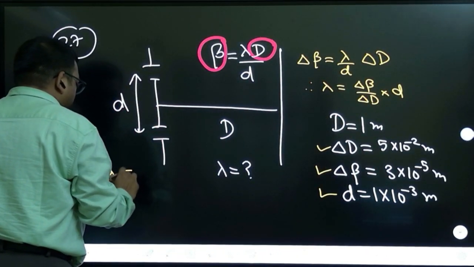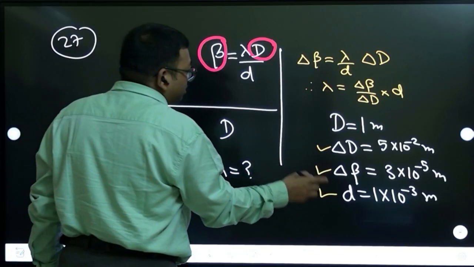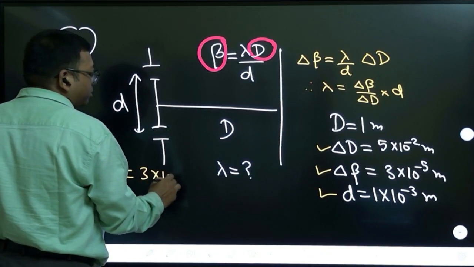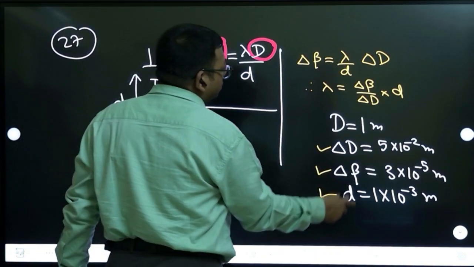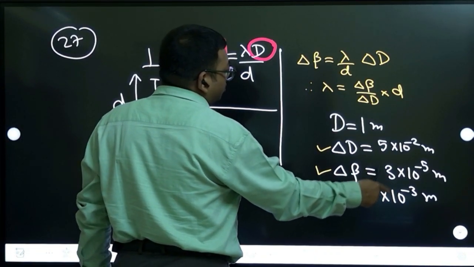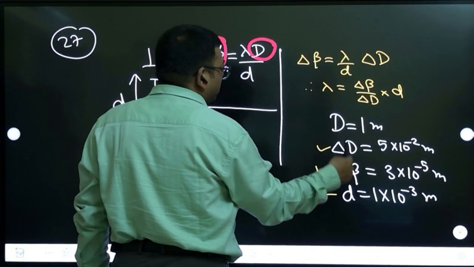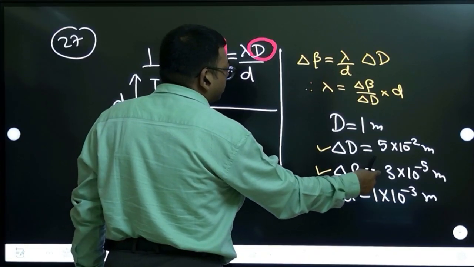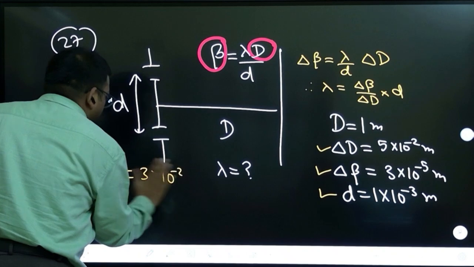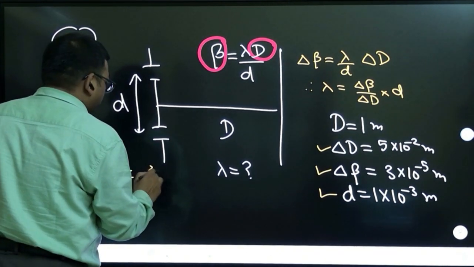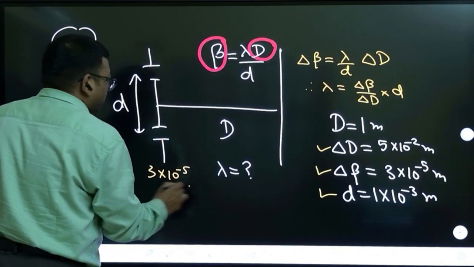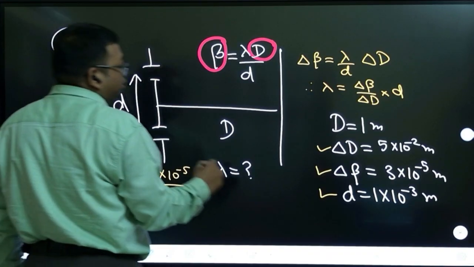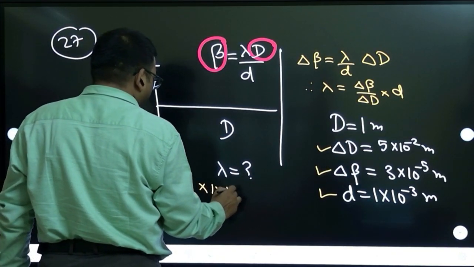So take the ratio: 3 into 10 to the power minus 5 by 5 into 10 to the power minus 2, into small d, which is 1 into 10 to the power minus 3.